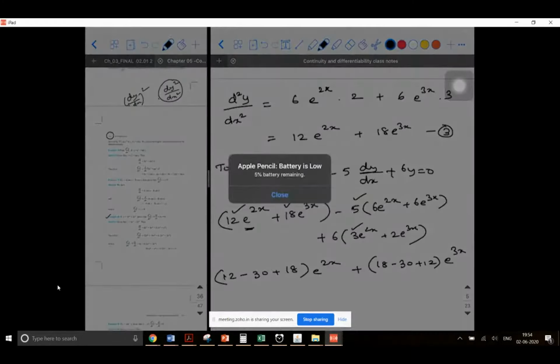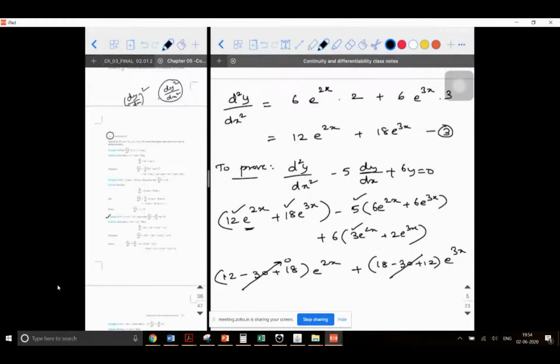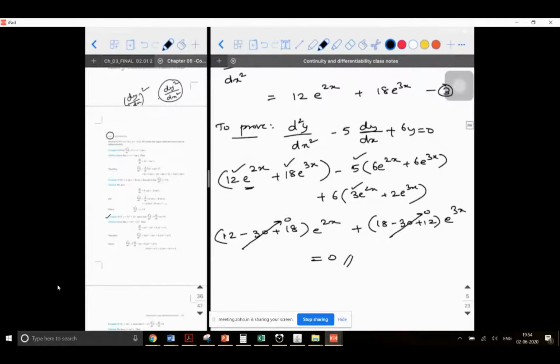How much is this? This is going to be 0 and this is also 0, and the total value will be 0. Hence we have proved. I hope there is no doubt in this.